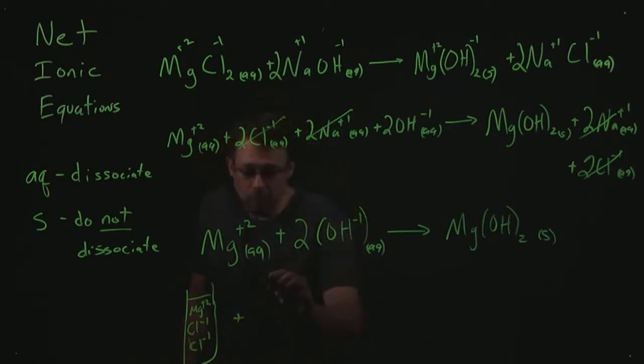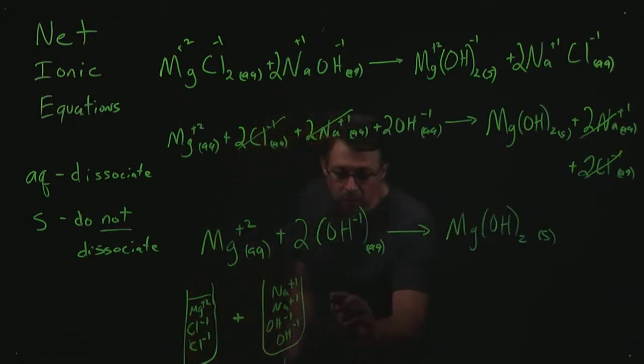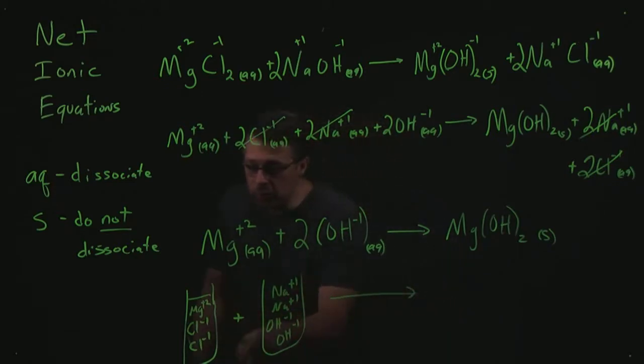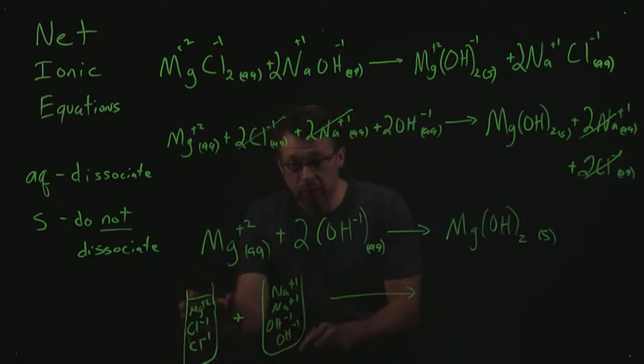And I mixed it with a test tube that had sodium ions, and I'm going to put 2 of each floating around just because I want to make sure they balance. Now, when I mix those two together, so remember, dissociated ions, magnesium chloride aqueous, there's magnesium ions and chloride ions floating around, sodium ions and hydroxide ions.